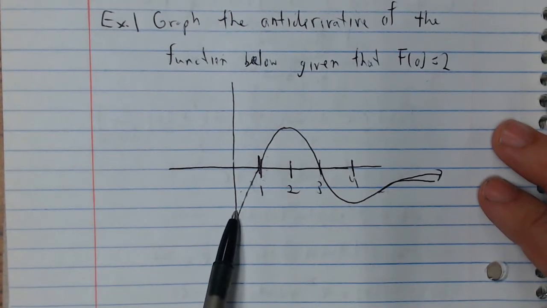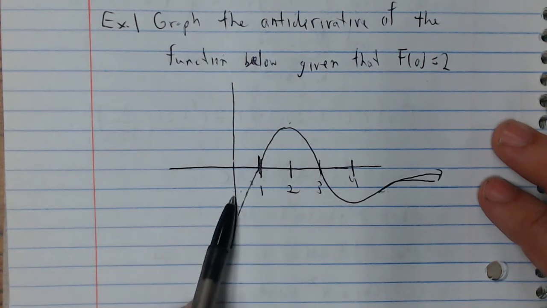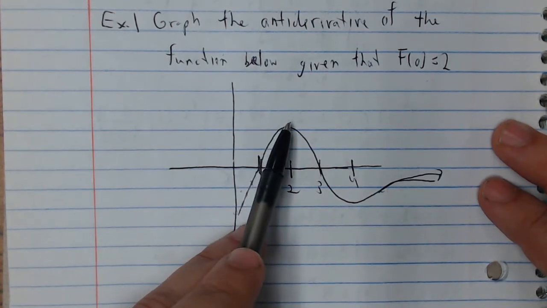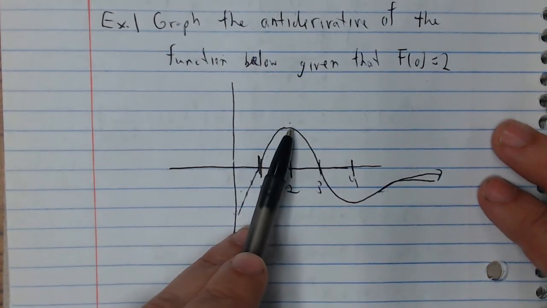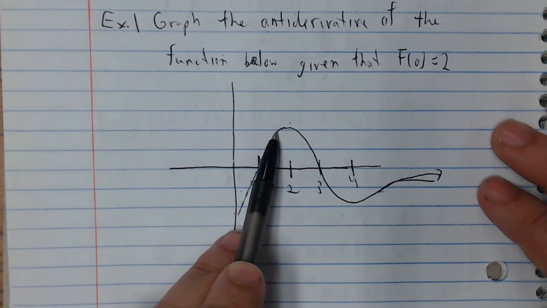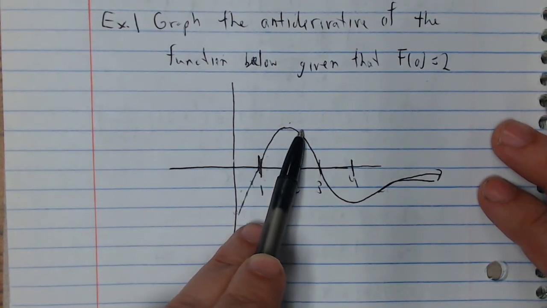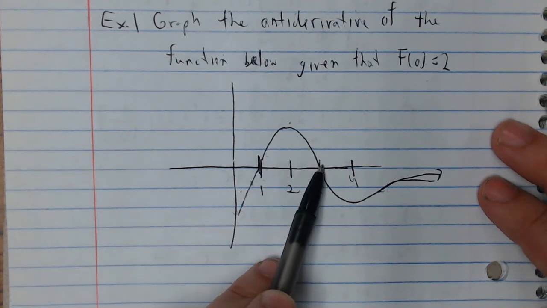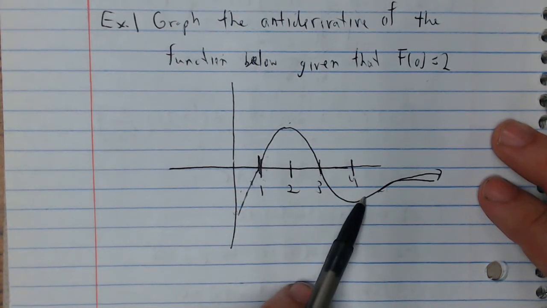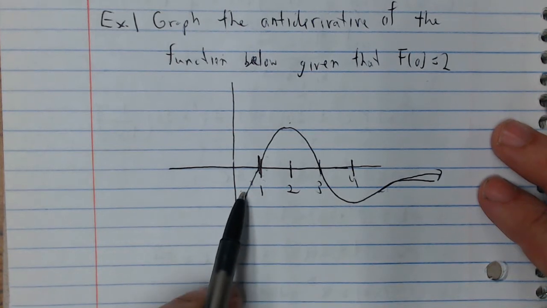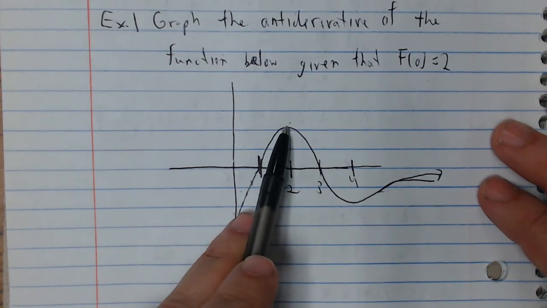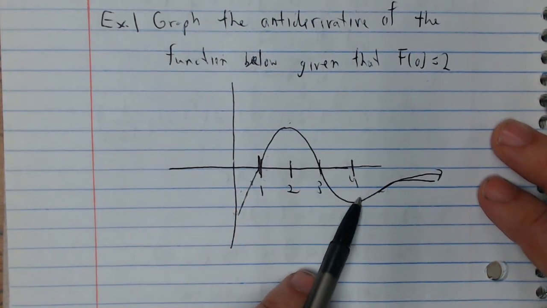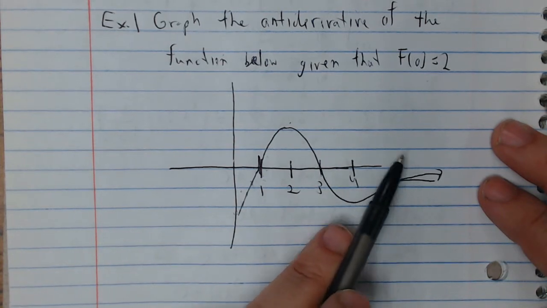From here to here, this is increasing, which means my slopes are positive, so its antiderivative will be concave up. Over here I have an inflection point, because it changes from increase to decrease, which means the slopes go from positive to negative. And then I have another inflection point here. So concave up from here to here, concave down from here to here, and then concave up the rest of the way.